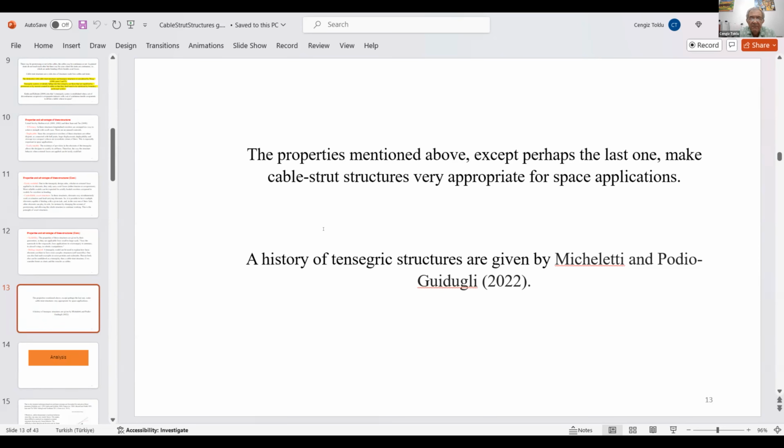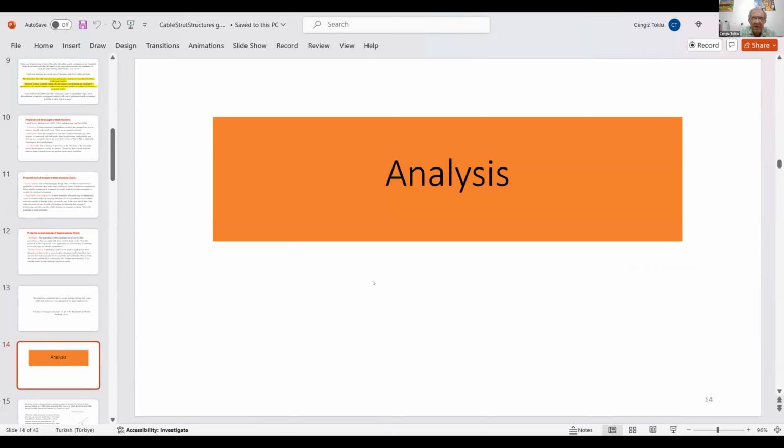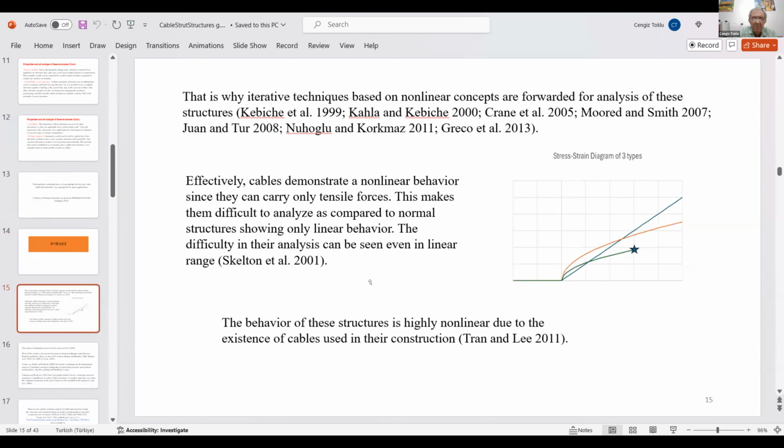They are very well adapted for space applications, and a history of them is given in that publication. Now, their analysis is not very easy, because the behavior of cables makes them nonlinear.